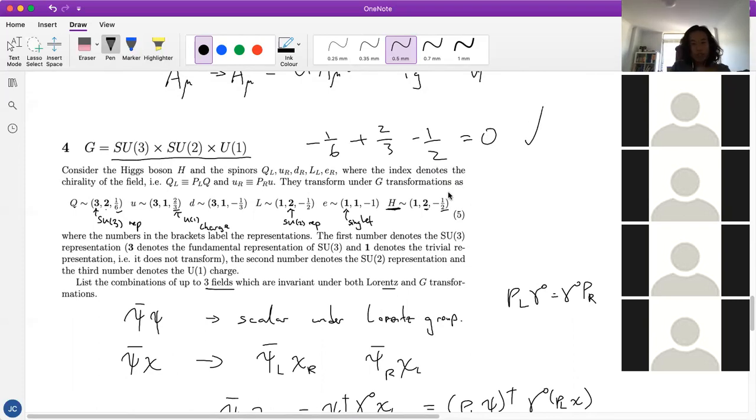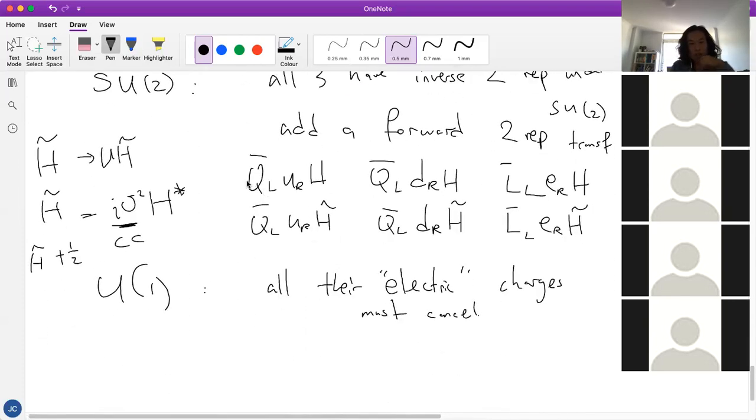So yeah, this is good. That means QL bar UR H is a singlet under U1. And then if you go through all of these, you realize that some of them don't add up. Like this one ends up with minus 1 charge, so it's not going to transform invariantly under U1.